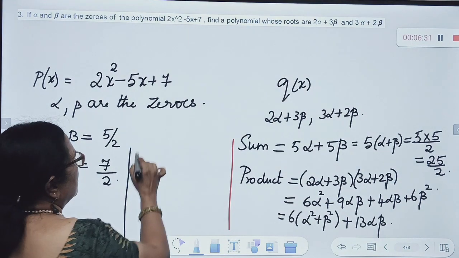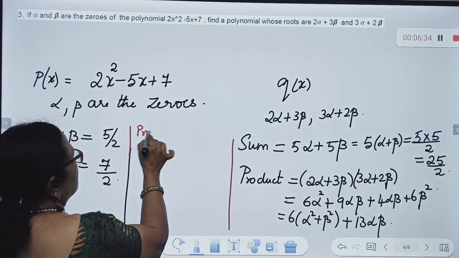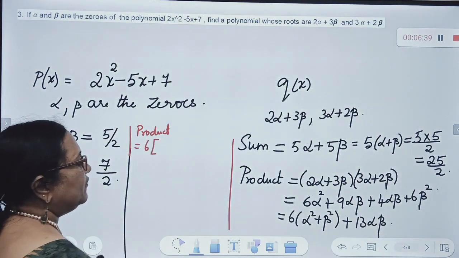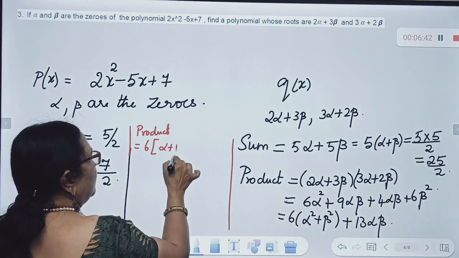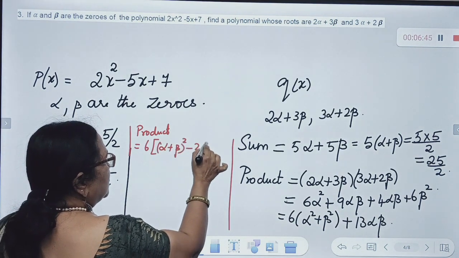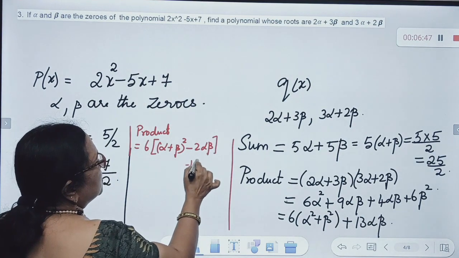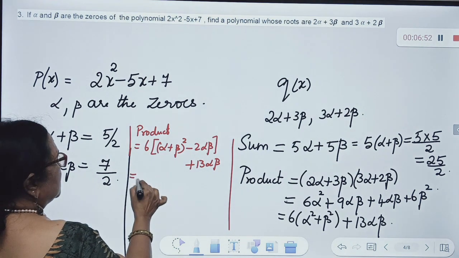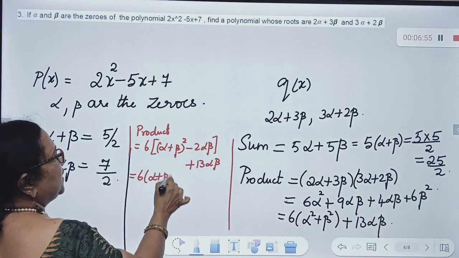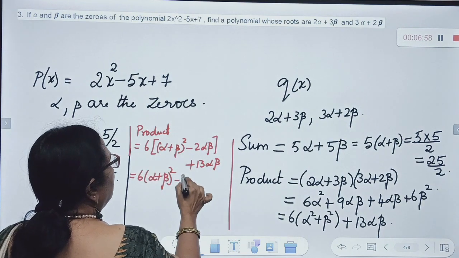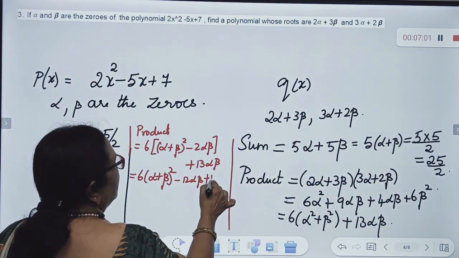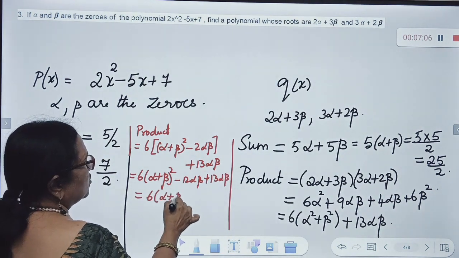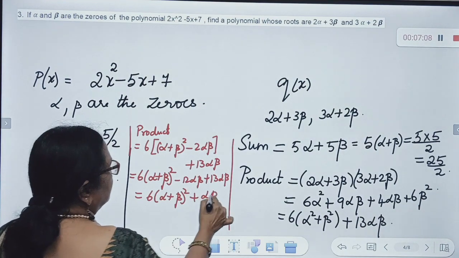Now, the product is equal to 6 into alpha square plus beta square, which is alpha plus beta the whole square minus 2 alpha beta, plus 13 alpha beta. This will be 6 into alpha plus beta the whole square minus 12 alpha beta plus 13 alpha beta. This is 6 into alpha plus beta the whole square plus alpha beta.